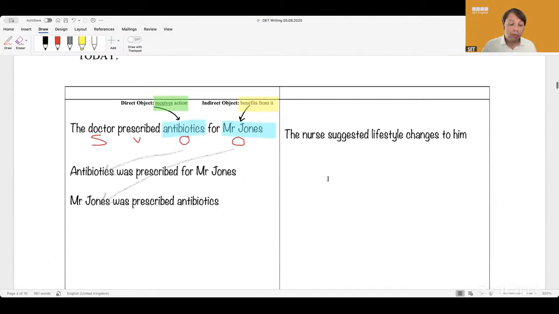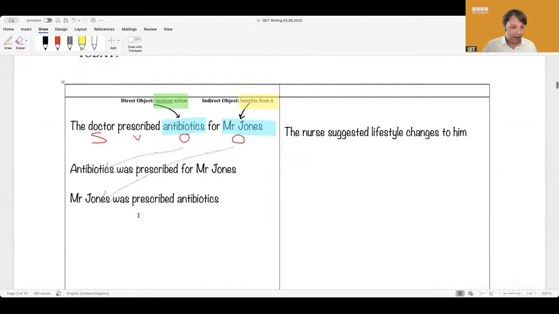The problem we have is, in this case, can we use both? Can we always, this is the question, can we always start with the indirect object?